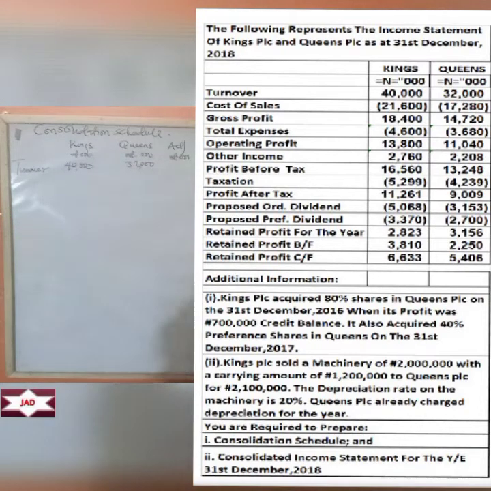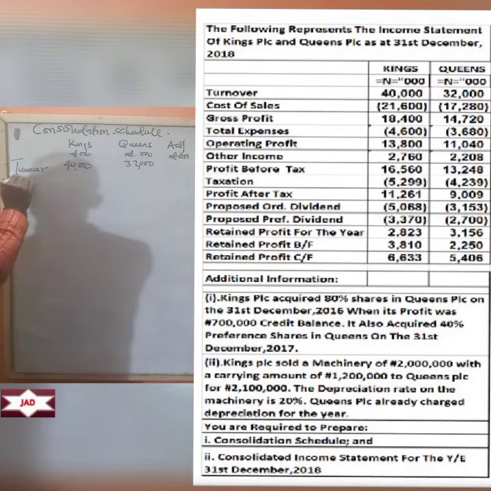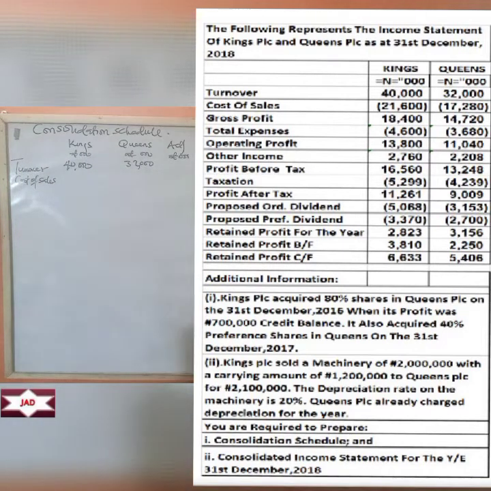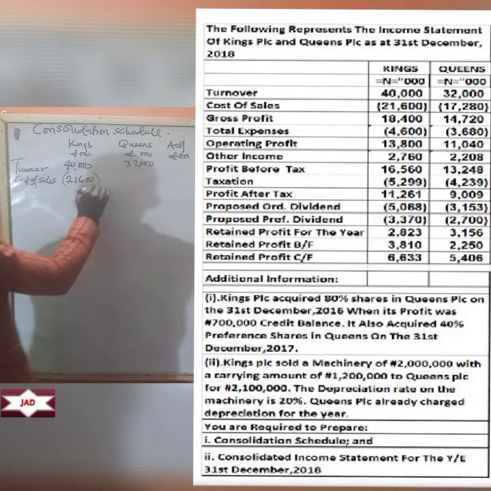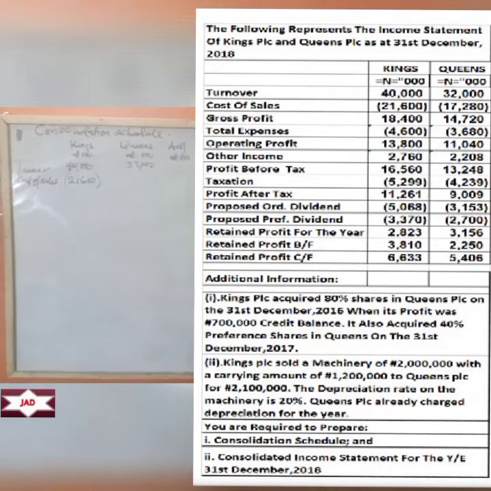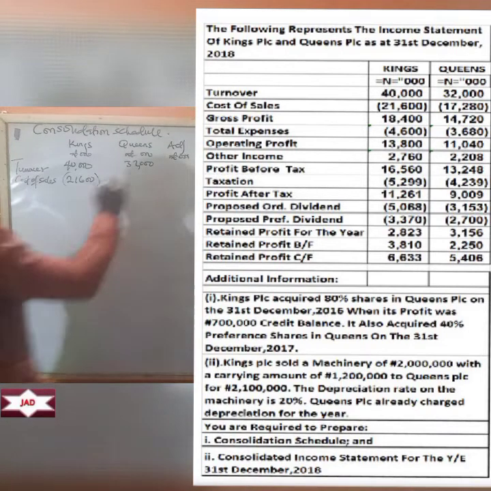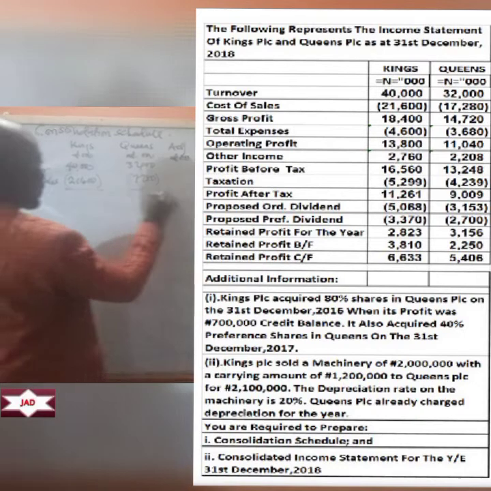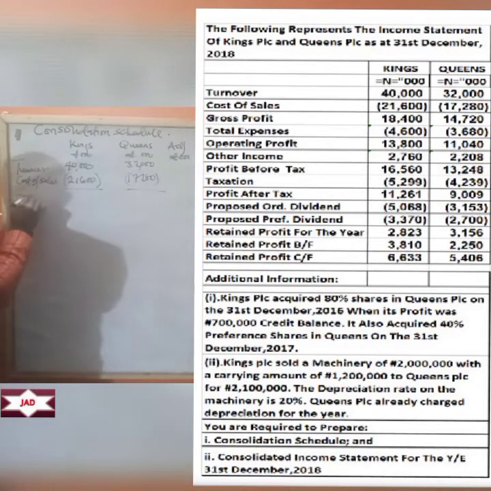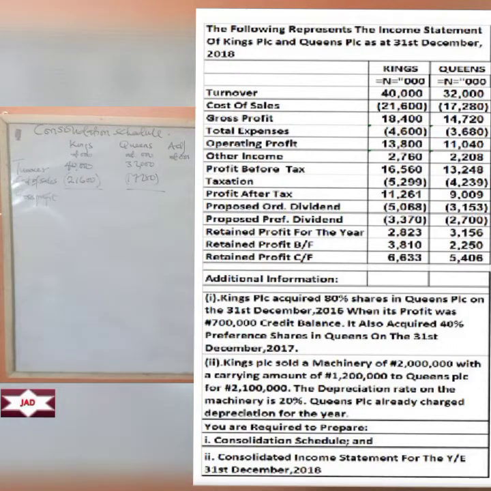Then what do you have? Cost of sales. What's the cost of sales there? 21,600, and we have 17,280. So this will be your gross profit, 18,400.